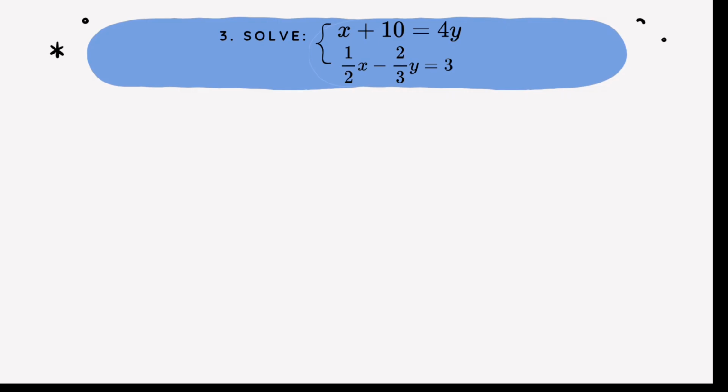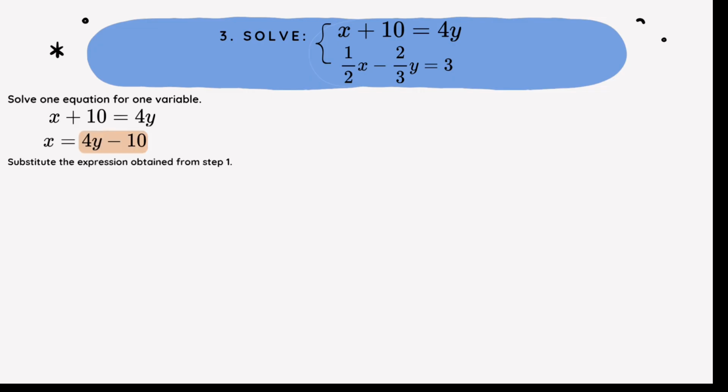We have x plus 10 equals 4y and 1/2 x minus 2/3 y equals 3. Let's solve one equation for one variable. Using our first equation, x plus 10 equals 4y. Then substitute our solved x, which is 4y minus 10, to our other equation. So let's simplify. Distribute the 1/2.